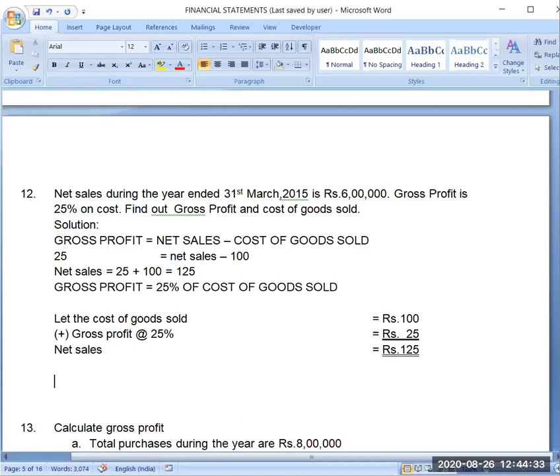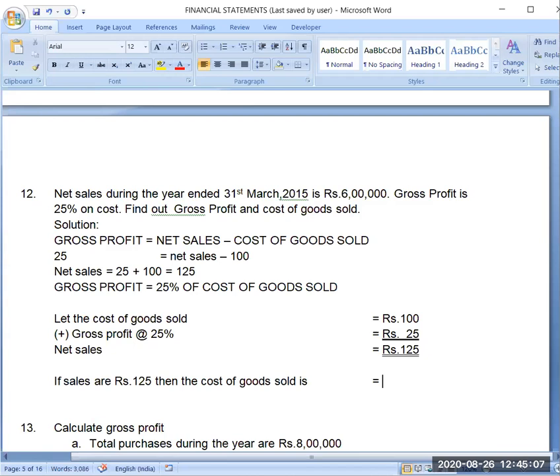So how I will be calculating, if sales are rupees 125, then the cost of goods sold is, if my sales are 125, then what is the amount of cost?